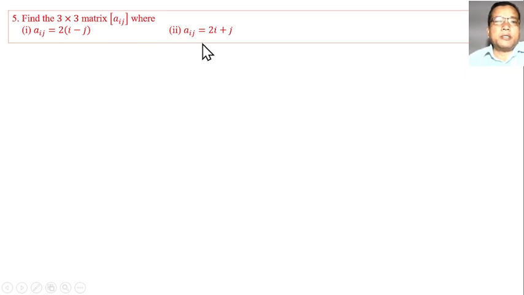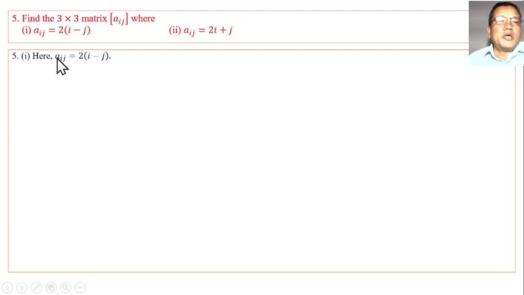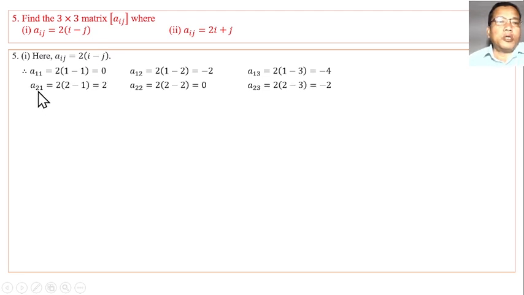Next, a11: the general element formula gives i equal to 1, j equal to 1, which simplifies to 0. a12: i equal to 1, j equal to 2, which gives minus 2. a13: i equal to 1, j equal to 3, which simplifies to minus 4. a21: i equal to 2, j equal to 1, which simplifies to 2. a22: i equal to 2, j equal to 2, which gives 0. a23: i equal to 2, j equal to 3, which gives minus 2.